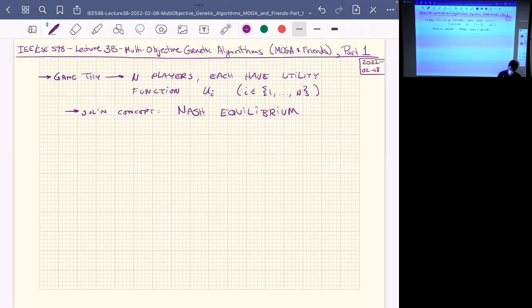And so this concept, at least in engineering, is particularly useful when you have no communication or coordination between agents.